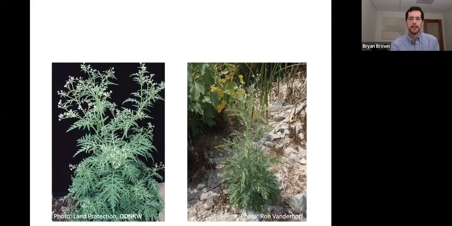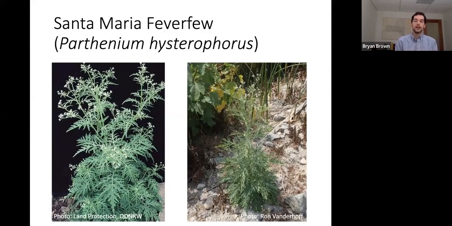Okay, next weed. And this was honestly a weed that I haven't really dealt with. I'm not sure if there's attendees from other states, but a few people mentioned this, and I just haven't seen it in person. I don't know if it's relatively new to New York, but Santa Maria Feverfew.